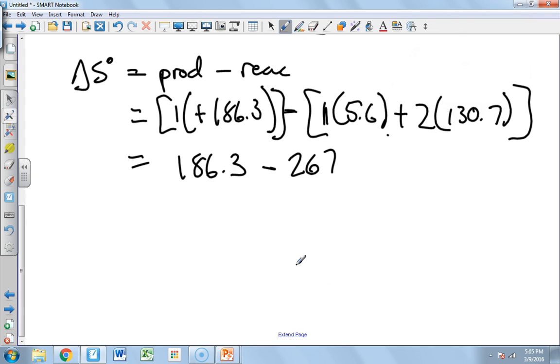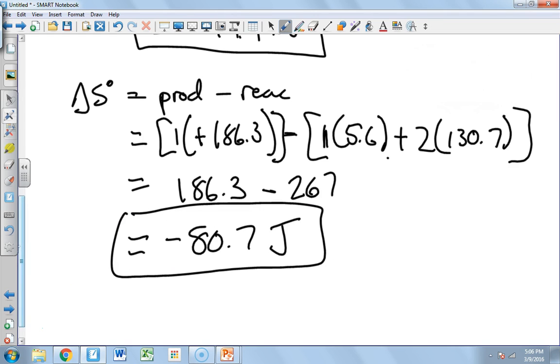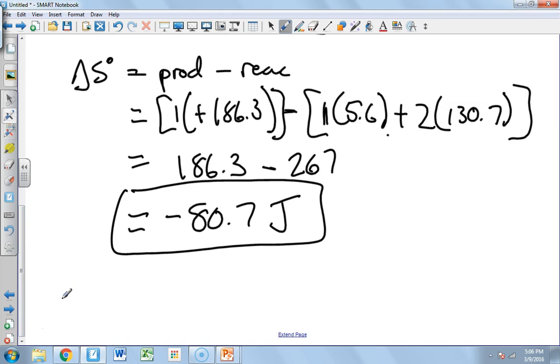And so now we do 186.3 minus 267, and that equals negative 80.7 joules.